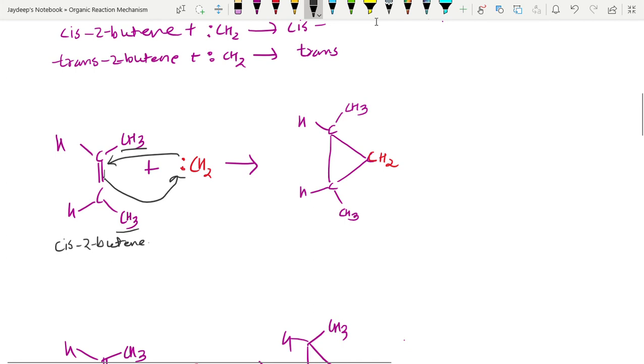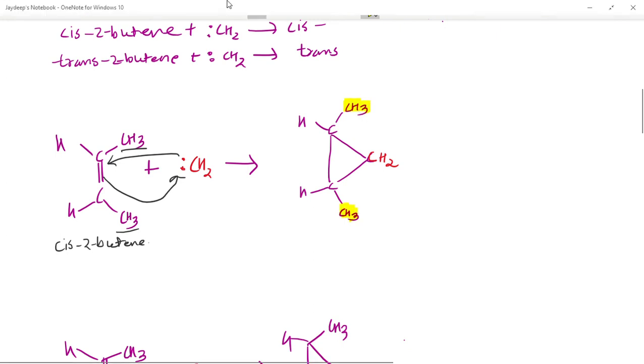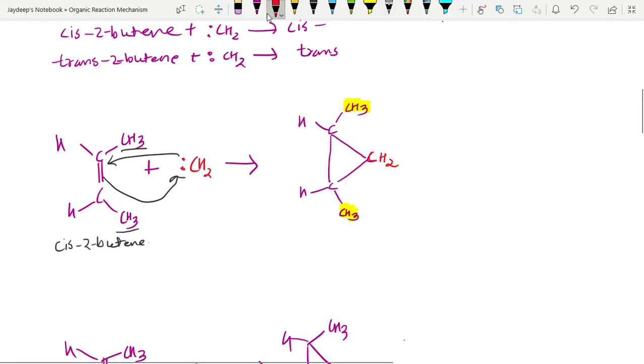If you see here, the methyl groups are on the same side of the cyclopropane ring, so this product has cis stereochemistry. In this case, cis isomer gives cis, so a specific isomer gives a specific product.